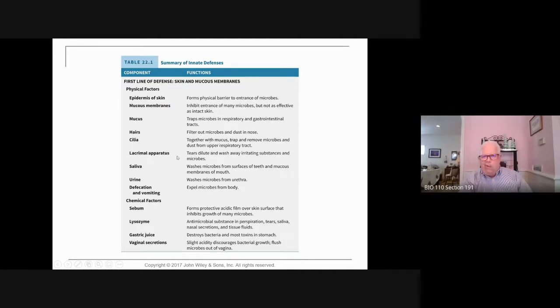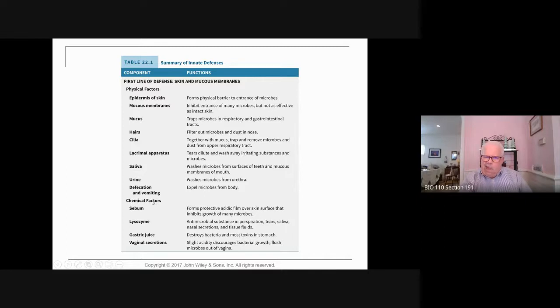You were born with a lacrimal apparatus in your eyes to make tears, to wash away irritating dust and microbes. You produce saliva. In your saliva, there are enzymes which will kill bacteria. You urinate to wash microbes out of your urethra. You expel microbes from the body also by vomiting or defecating.